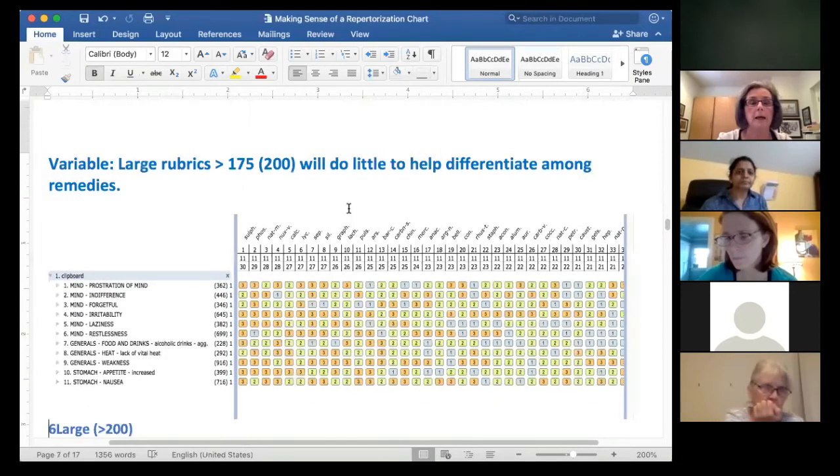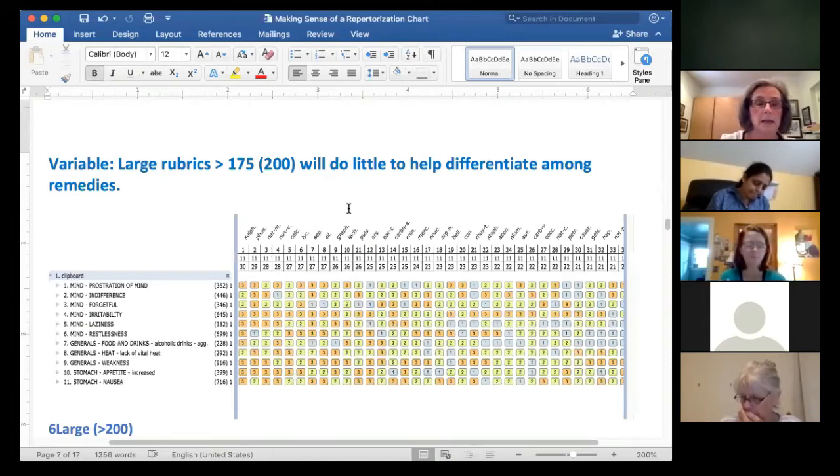Okay. Now there's another variable. Very large rubrics will do little to help you differentiate among remedies. Now I put together a repertorization here, and I used all big rubrics. They're way bigger than you should ever use. The smallest one I think in there is 228.